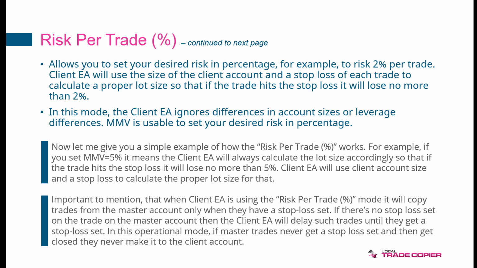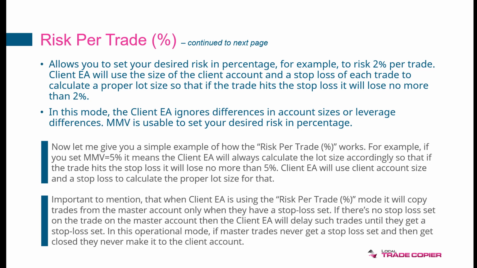In this mode, the client EA ignores differences in account sizes or leverage differences, and MMV, well, you use the MMV parameter to set your desired risk in percentage. So in this case, you would set like 2 in MMV. Now let me give you a simple example of how the risk per trade in percentage works.